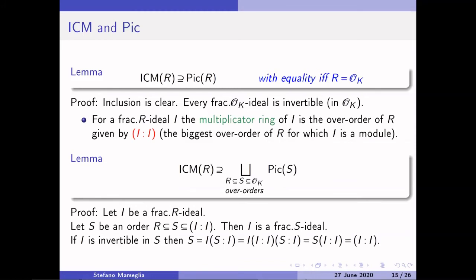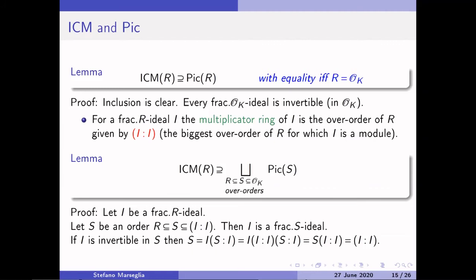You pick any fractional ideal I and let S be any order between R and the multiplicator ring of I. So in particular, I is closed under multiplication by elements of this S, because S is inside the multiplicator ring. And if I is invertible in S, that is, I times (S : I) is equal to S, then one can easily prove by the equalities that I wrote here that S is actually equal to the multiplicator ring. So if the ideal I is invertible in some overorder, then this overorder must be the multiplicator ring.